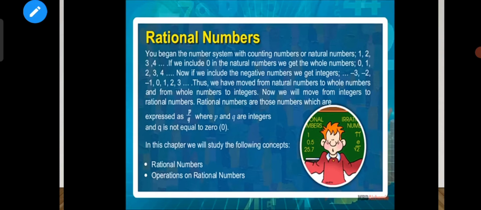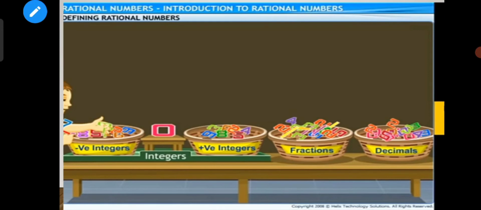In this chapter, we will study the following concepts. First of all, in the first video we will study the concept of rational numbers, and in the second video, we will study operations on rational numbers. Negative integers, positive integers, fractions, decimals, these all are rational numbers.